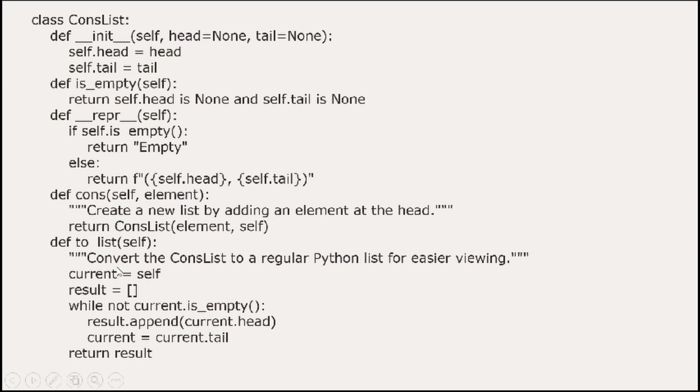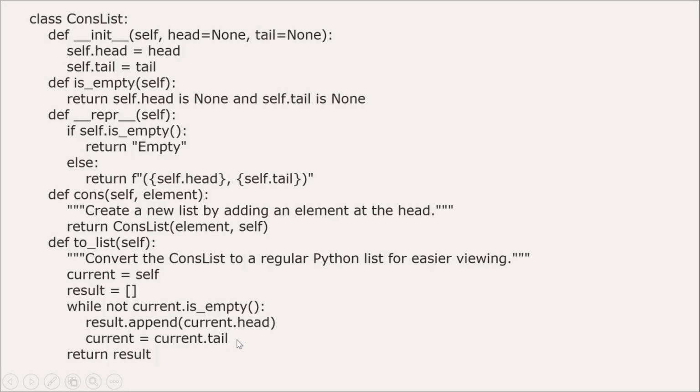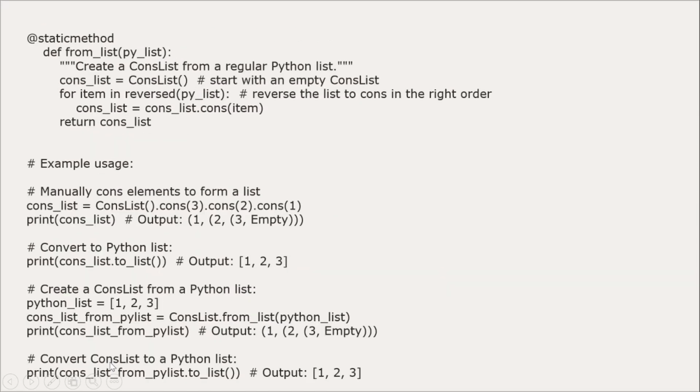We are assigning self to current and we are creating a result list. Next, while current is not empty, we do result.append(current.head), assign current.tail to current, and return the result.